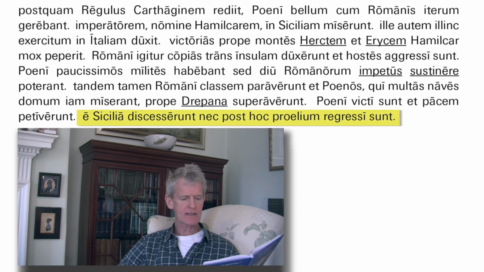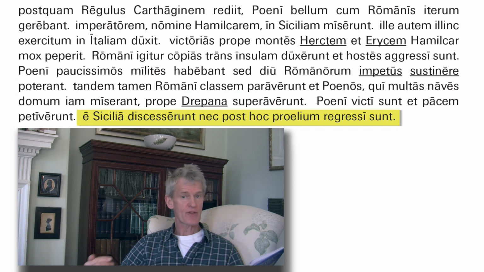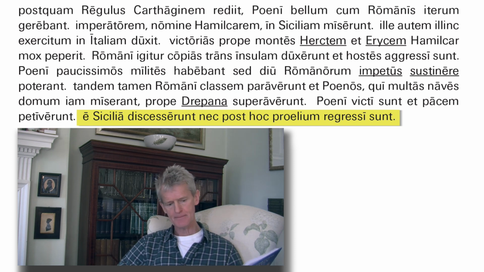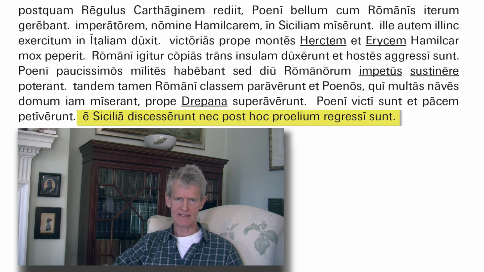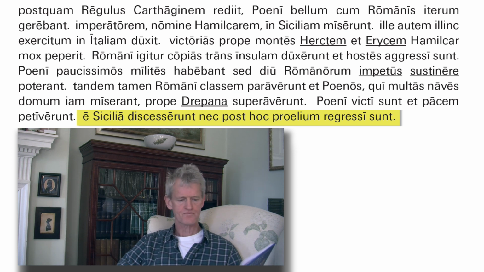E Sicilia discesserunt, nec post hoc proelium regressi sunt. So E Sicilia discesserunt, they departed out of Sicily, or they departed from Sicily. Nec, now nec means and not, or nor.